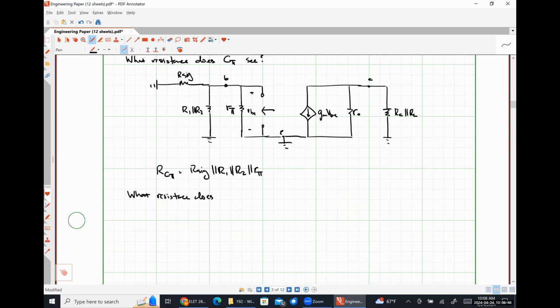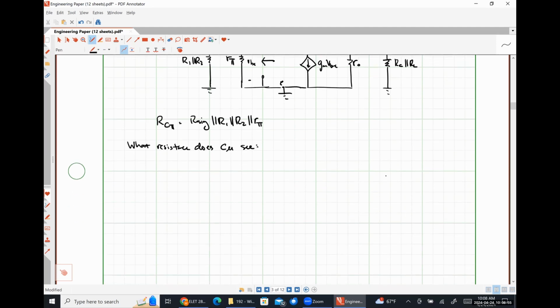What resistance does C mu see? So let's look at what we've got here. Here's our R sig. R1 in parallel with R2. Here's our base node.